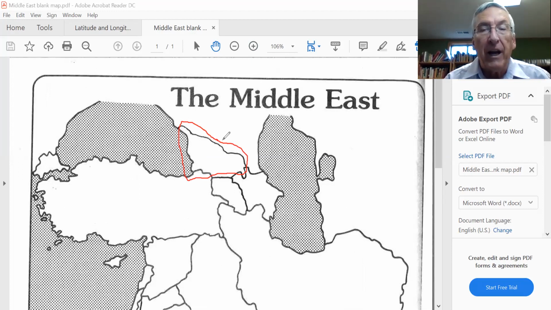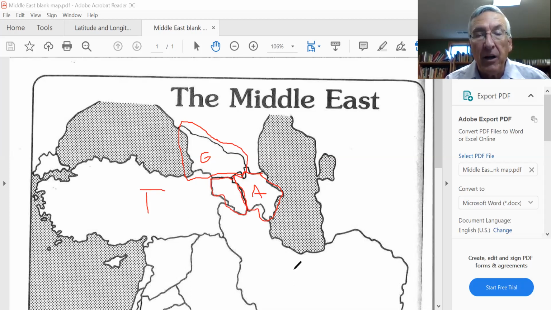Has absolutely no connection between the two. Okay, this is Georgia. This is Azerbaijan. And this is little Armenia right down here. Okay, Armenia. Remember, over here we have Turkey, and here we have Iran.